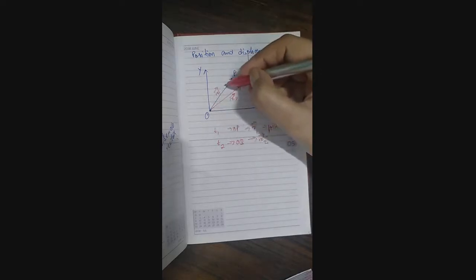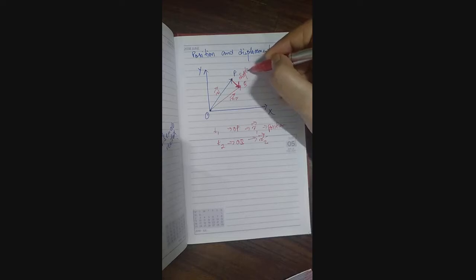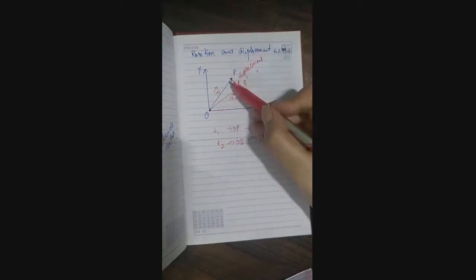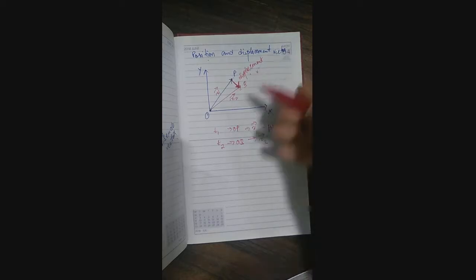Or if you subtract these two vectors, what we get is PQ. This PQ is known as the displacement vector. OQ, OP are position vectors. PQ is the displacement vector. Just a name given.